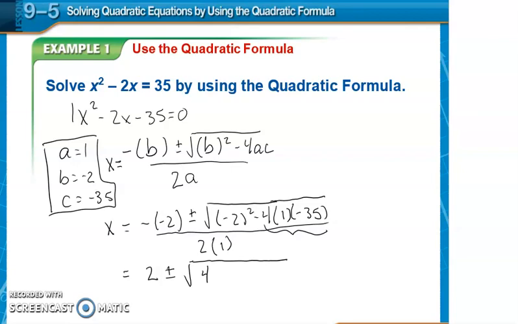So think of it as -4 times 1 times -35. So -2 squared was 4, and then we're multiplying all of that together. So that's 4 times a times c, which is positive 140 all over the 2.